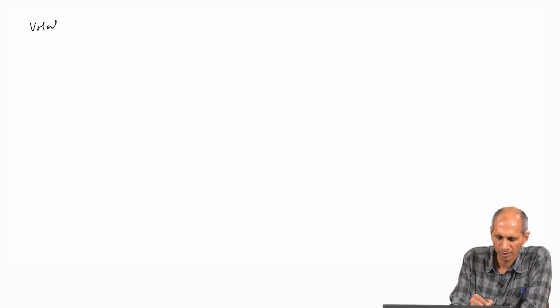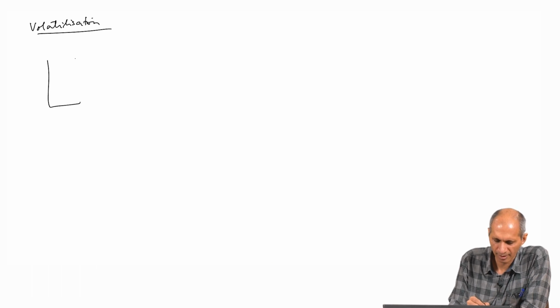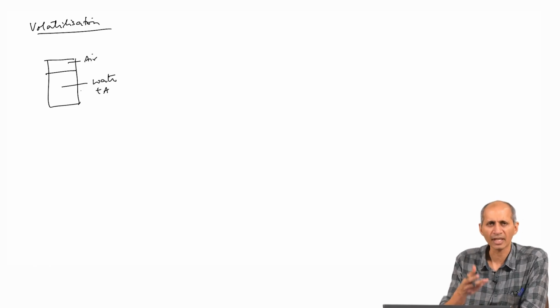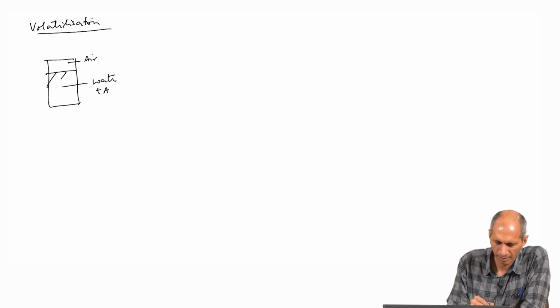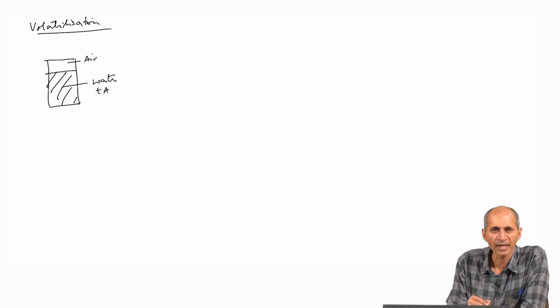When we are talking about volatilization, what we are really looking at is this. Let us say a sample is exposed to, this is water plus A, this is air. So, if I take water from a river or a lake or any such place and fill this container, there is a certain amount of air in contact with it.